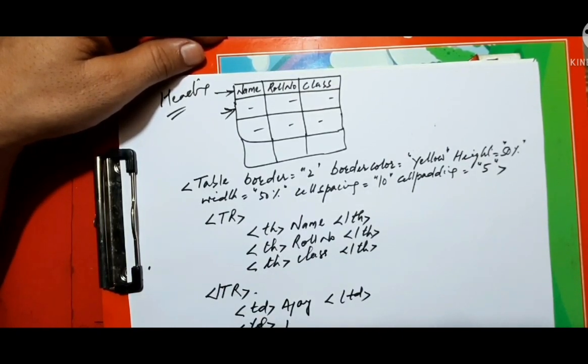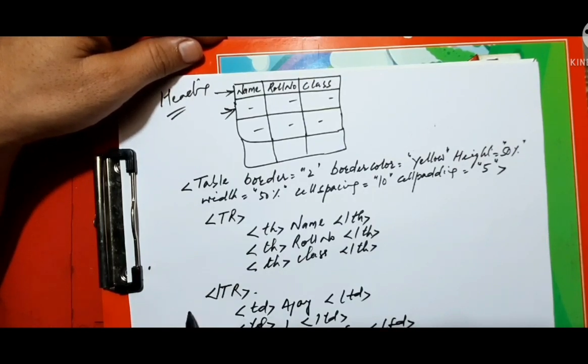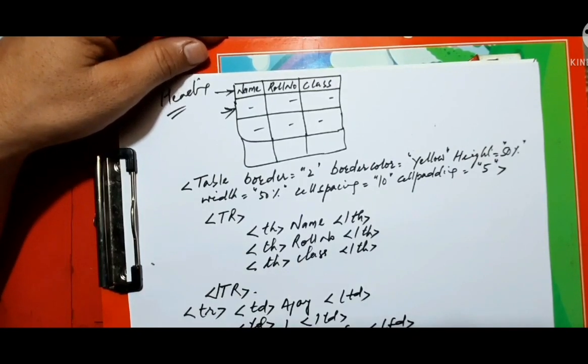Next roll number 1, then class td BA semester first, then close the tr. Sorry, I have to start the tr first, for the second row, then I close the second row, okay.